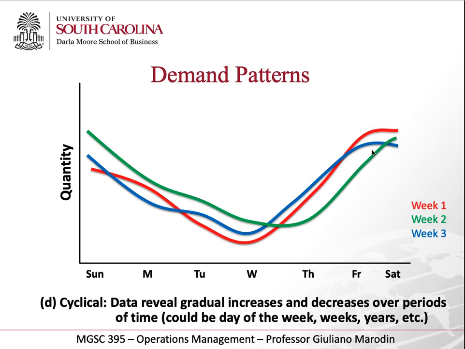So on Friday and Saturday you have more demand because of that, right? There's a lot of businesses that work like that, in cyclical periods. If we think about restaurants, you can see patterns occurring along the day. More people go during lunch, more people go during dinner, depending on what kind of restaurant you are. Okay.